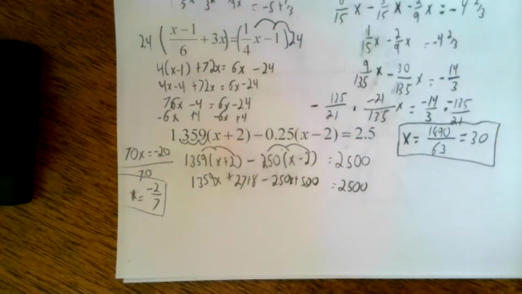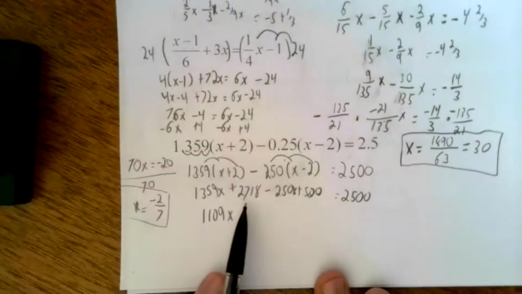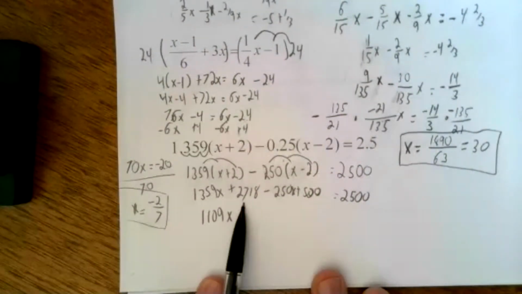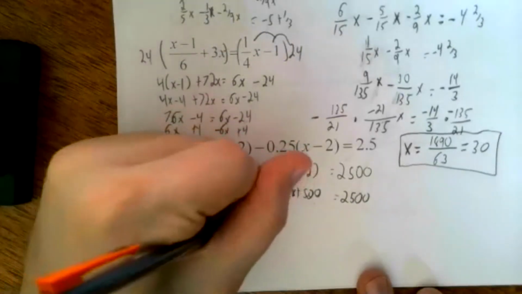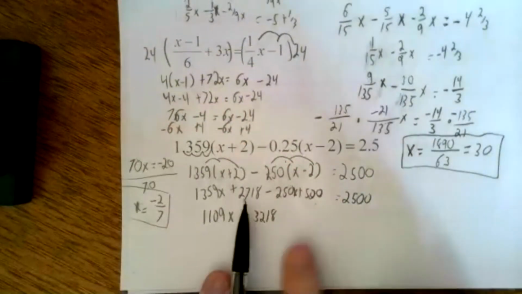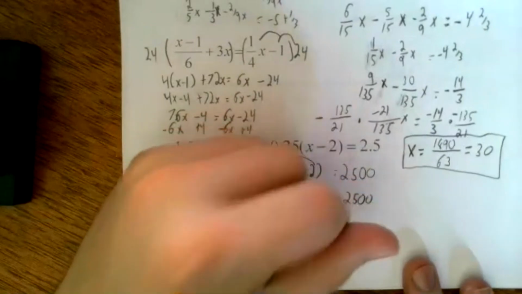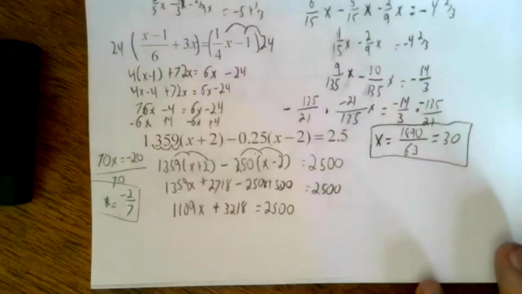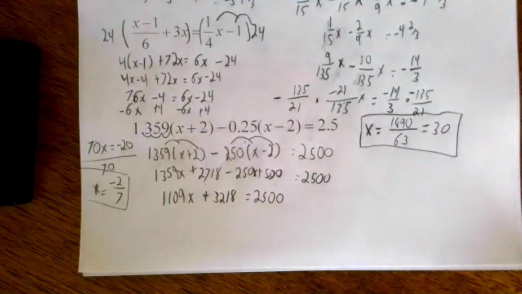So 1,359x minus 250x is 1,109x, and then 2,718 plus 500 should be, what, 3,218? So, yep. And then that equals 2,500. Right. So what can be my next step in my equation here? How can I start solving for x even more now?